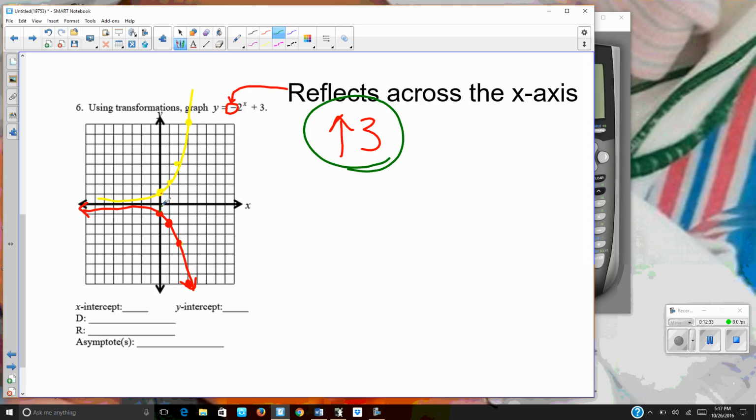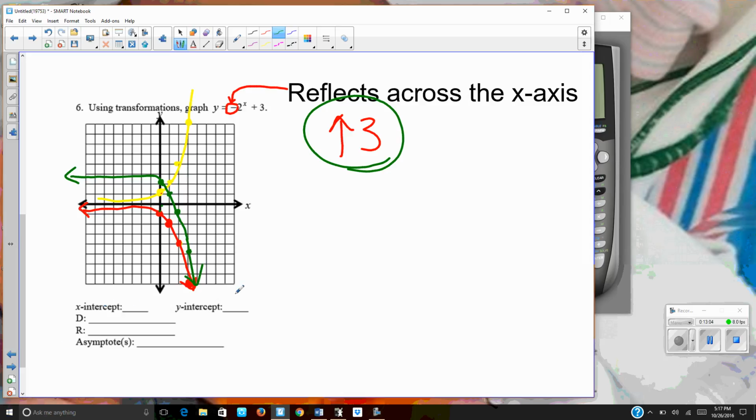So this point shifted up 3 units goes there. And the tail has also been shifted up 3 units there. So the green graph is the answer.